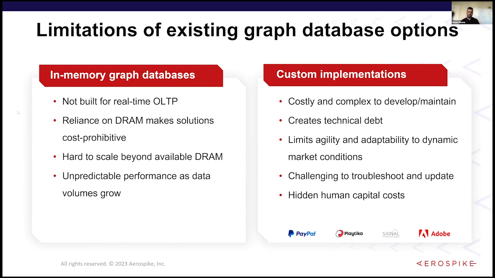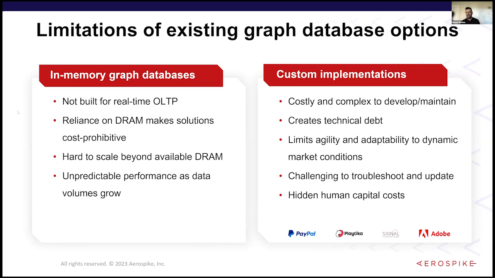Of course, you can build, and we have several existing customers who build, custom implementations of some sort of a graph solution using Aerospike, but it could be any other technology. There are challenges with that too. You might be able to get around the limitations of most commercial graph databases today, but it's very costly and complex to develop and maintain those systems.